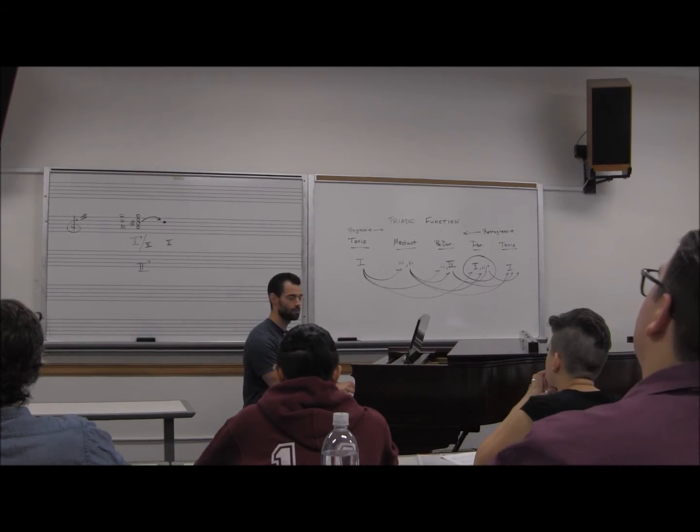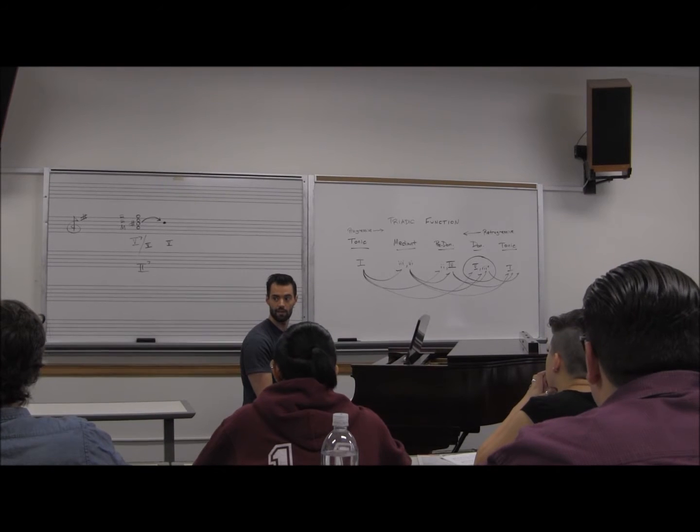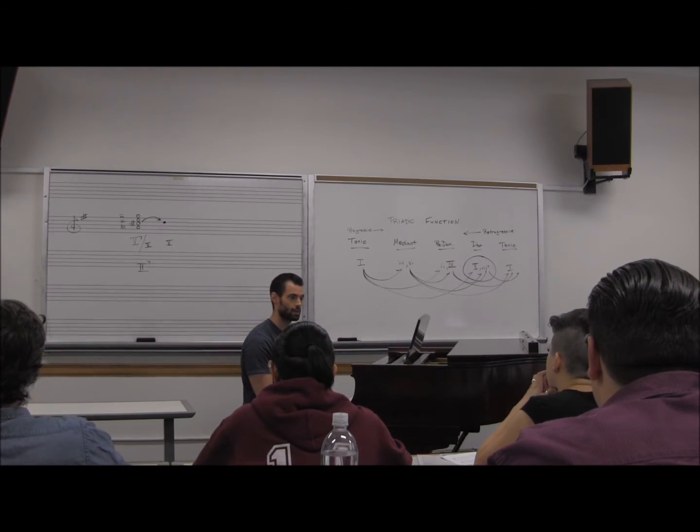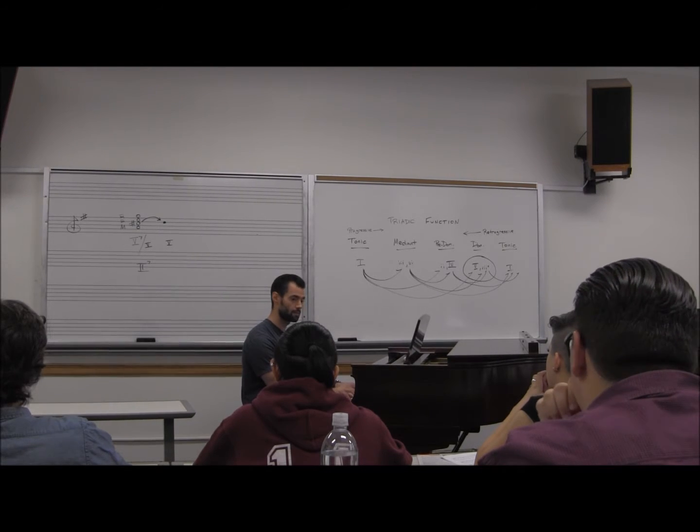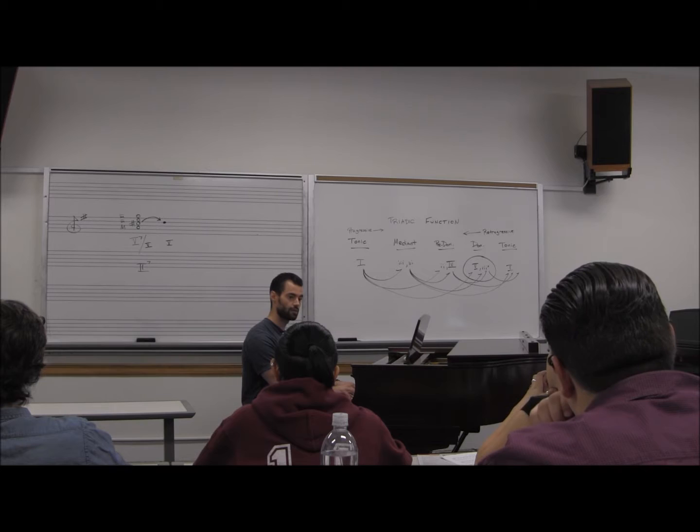Now the same progression with the 2 chord replaced with a secondary dominant, a 5-7 of 5. 1, going to 5-7 of 5, going to 5, and back to 1.